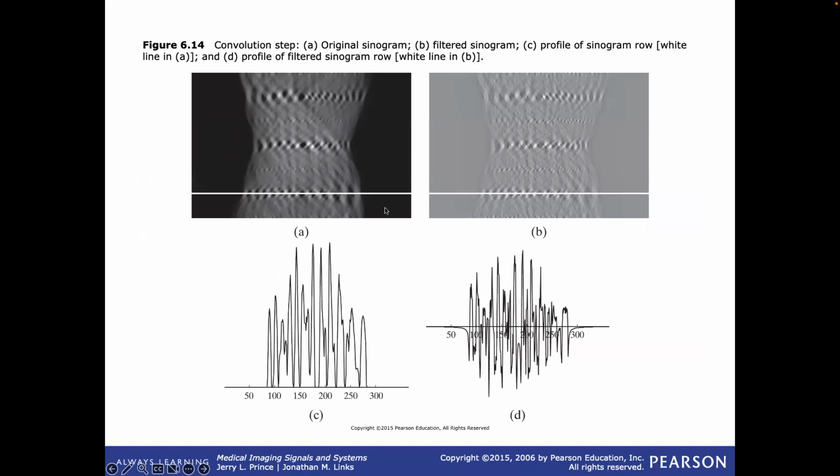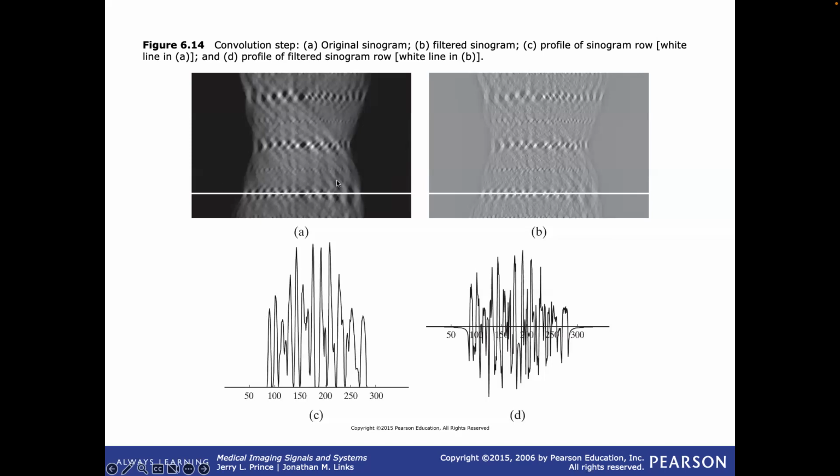Remember our complex object that had all those little dots. This is the sinogram. If I look at the values in that sinogram, it looks like this. Remember, all those G values are positive.